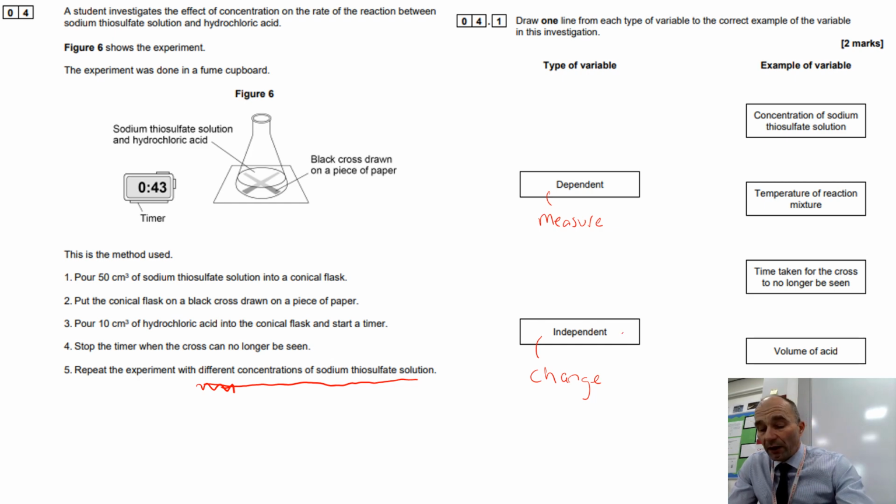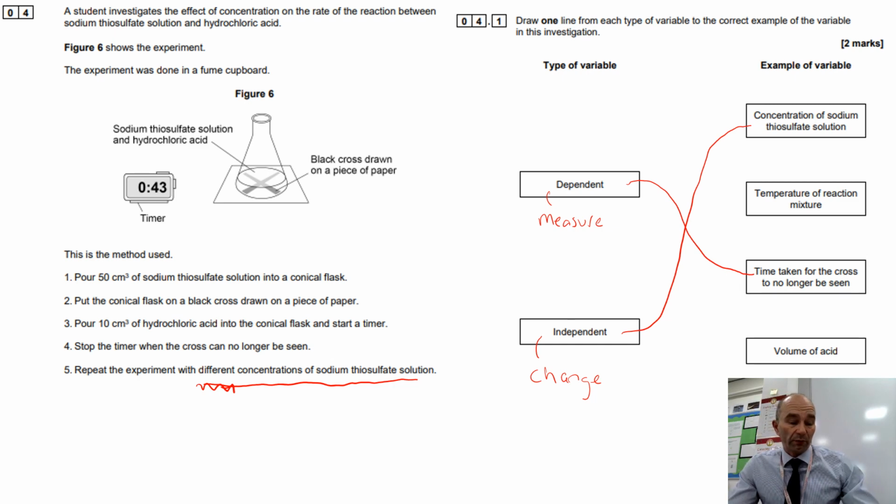So the independent variable is that top box, the concentration of sodium thiosulfate solution. Now what's the dependent variable? Well, it's the thing that we're measuring. So that's going to be the time taken for the cross to no longer be seen. It's really important that you can pick out the variables from all the different types of investigation, because these are easy marks when you get your head around them.